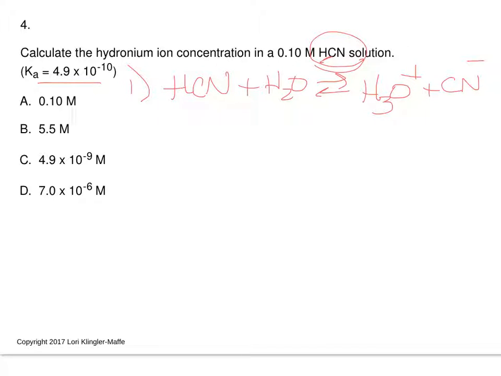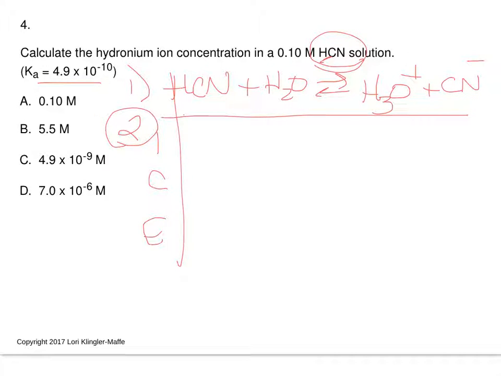All right, and 2, set up your Ka expression and your ice table. So I guess I'll do my ice table first. Water is not included in the equilibrium. My original concentration of HCN is 0.10 molar. The products are 0 to begin with.